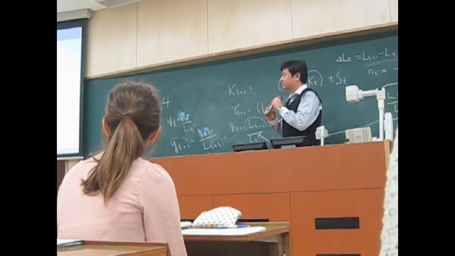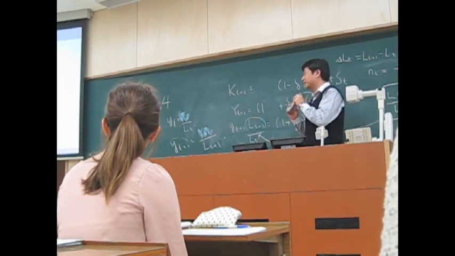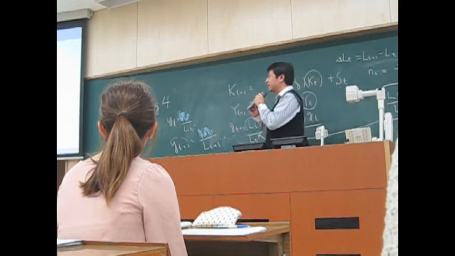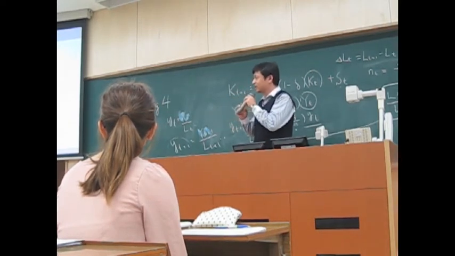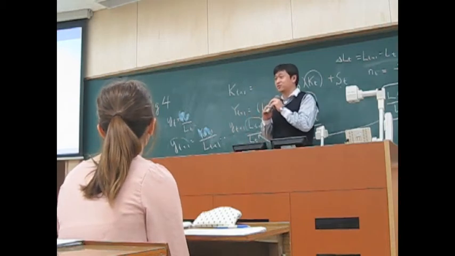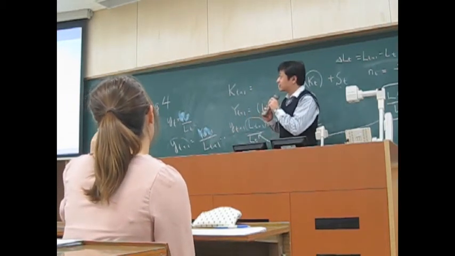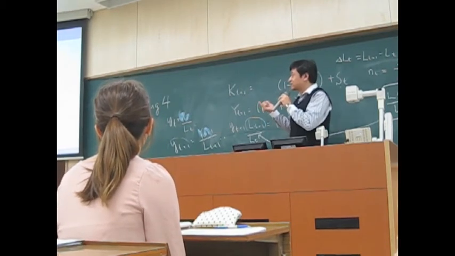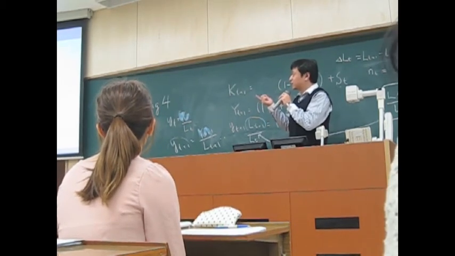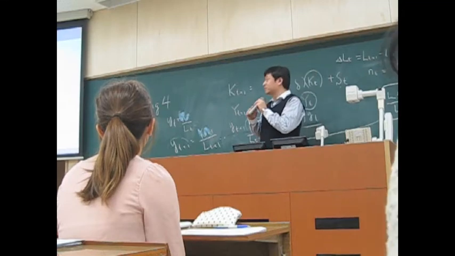So what's the relationship between the capital letter K at time t plus 1 and K at time t? As the professor mentioned in class, equation 4 is very important, and it's also easy to remember. We can think of it in this way.